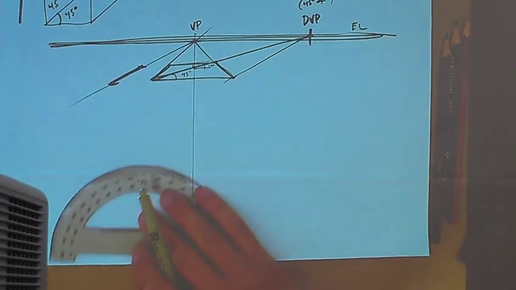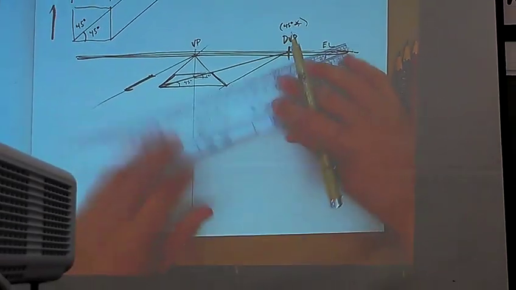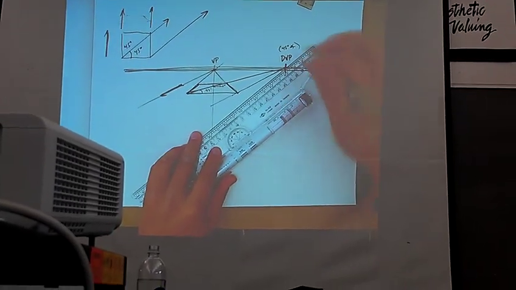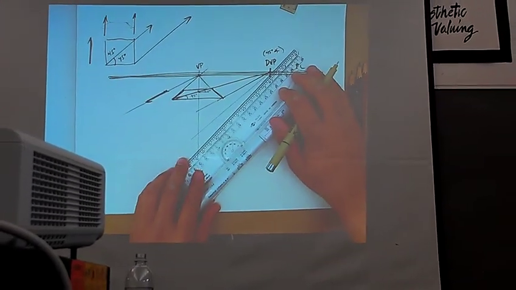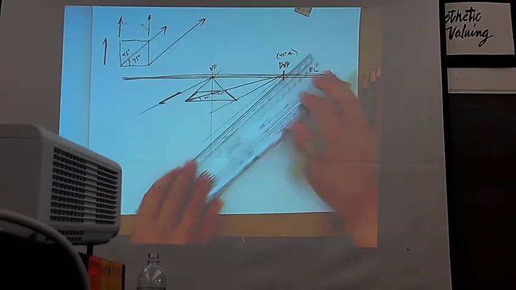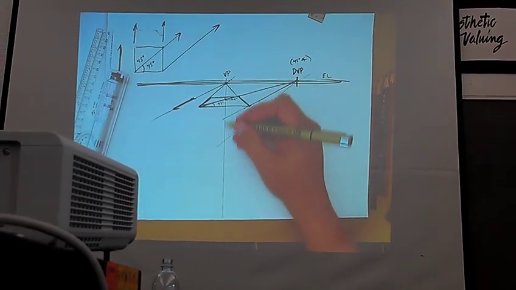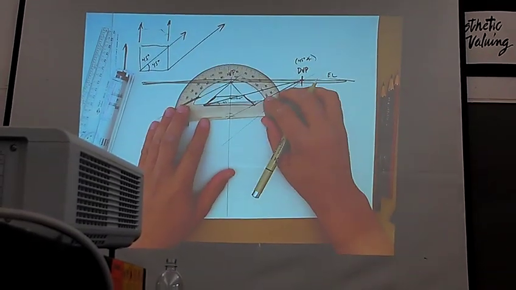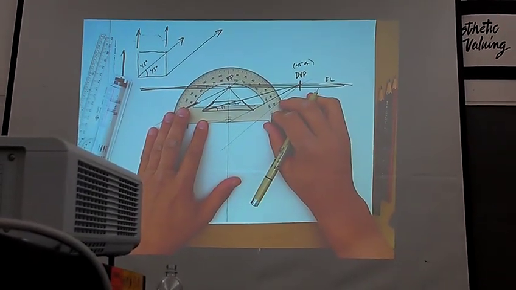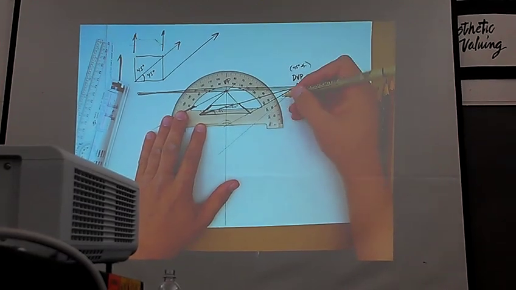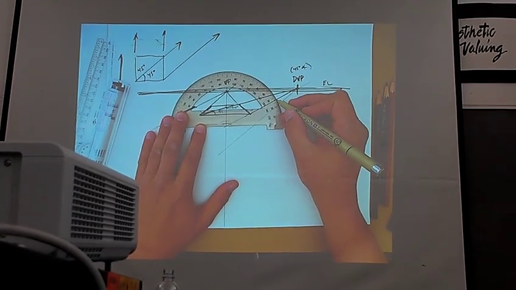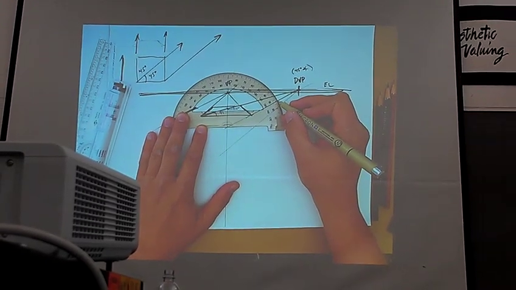But now look what happens. As I draw down this line, I get steeper angles. So for instance, here, this line, hey, we're up to 24 degrees, or 27 degrees.